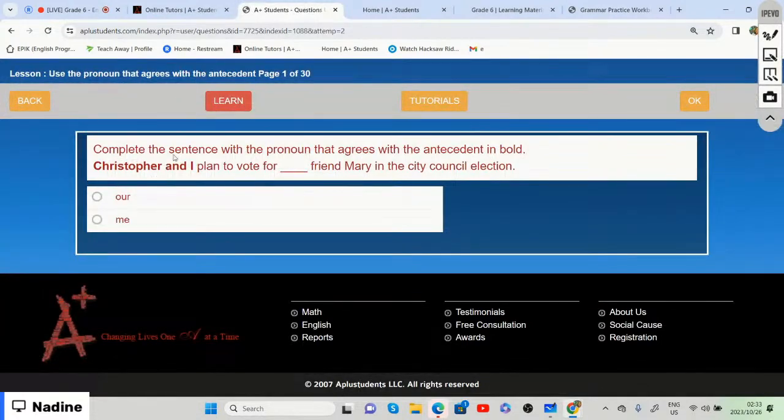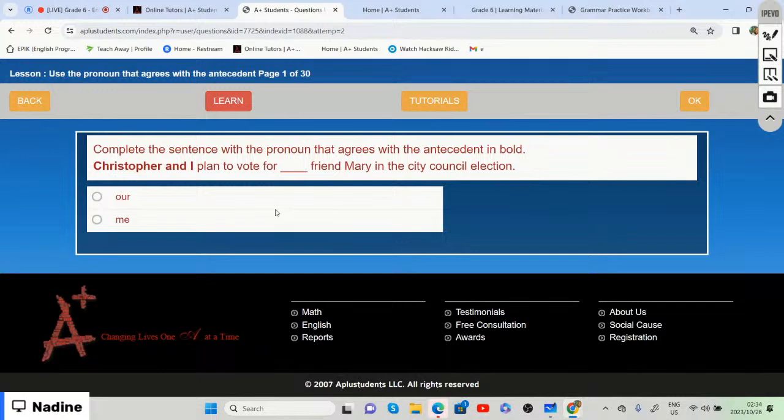We need to complete the sentence with the pronoun that agrees with the antecedent in bold. Christopher and I plan to vote for our friend or me friend Mary in the city council election. What do you think is the correct pronoun that agrees with the antecedent in this test?